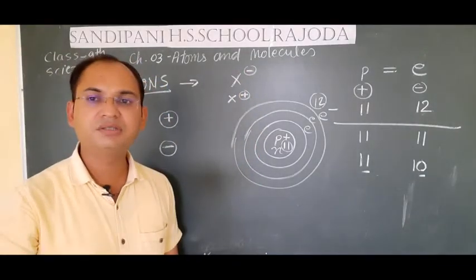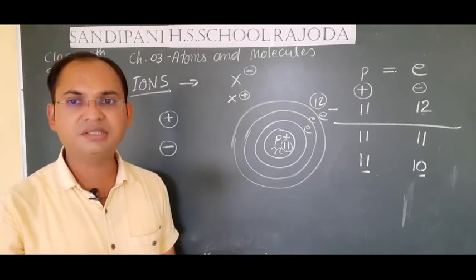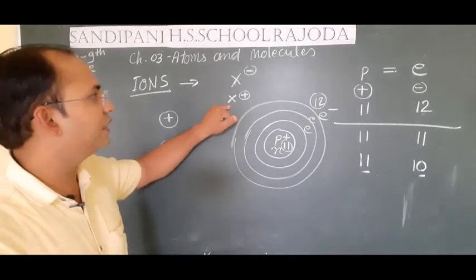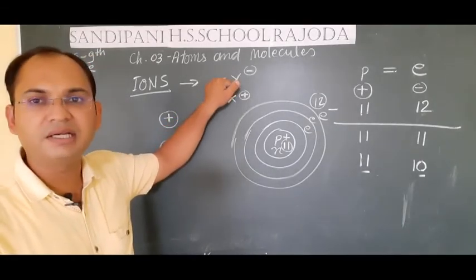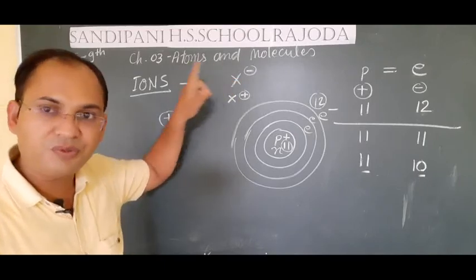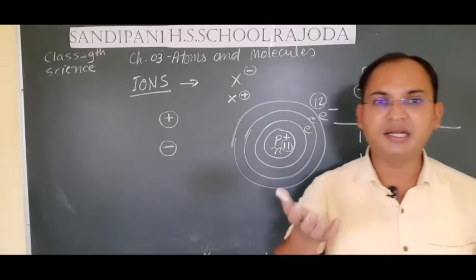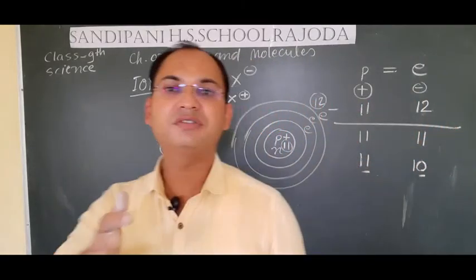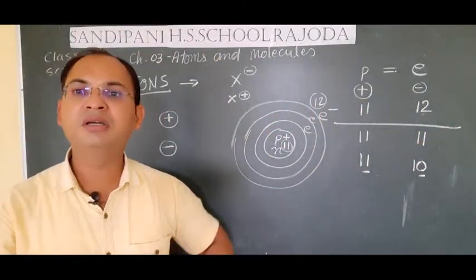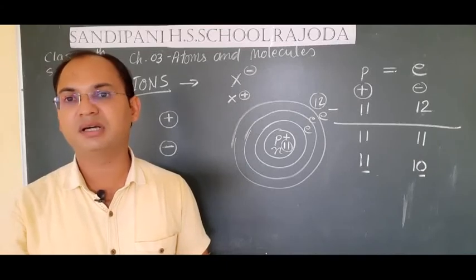In this way students, two types of ions exist in nature. One is the positive ion and another one is the negative ion. These positive and negative ions are highly unstable and readily combine with other elements found in nature to form the compounds of the elements.